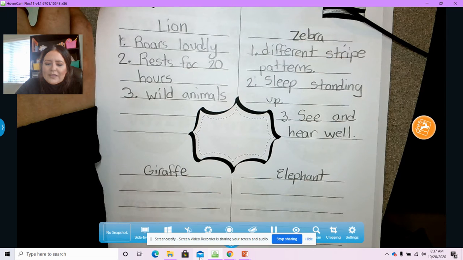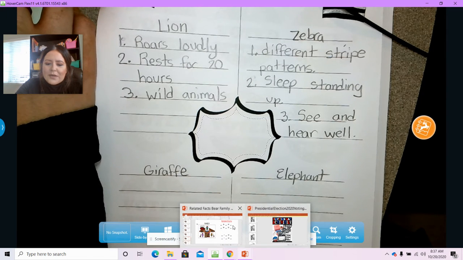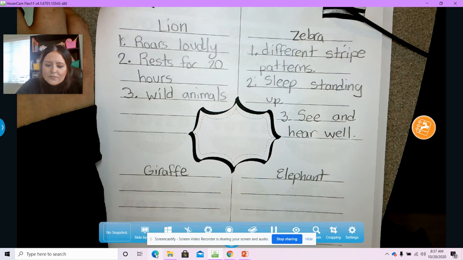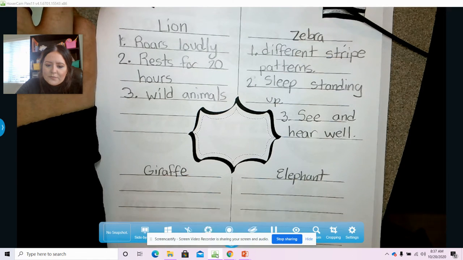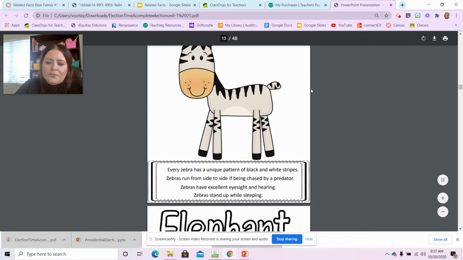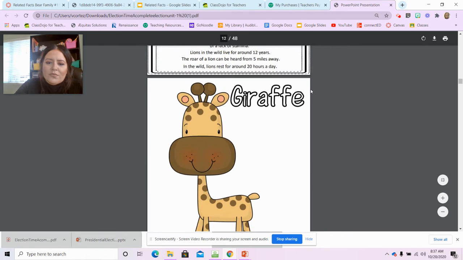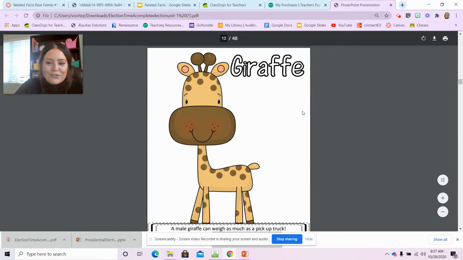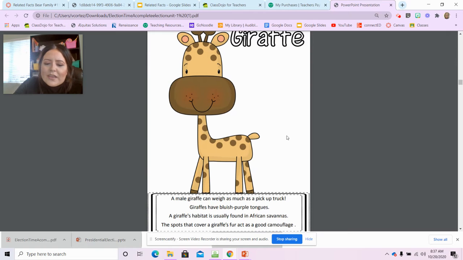Giraffes. So let's read a little bit about our giraffes. Here we are. And we'd already read a little bit about giraffes before. It says, a male giraffe, male means man, like a boy.